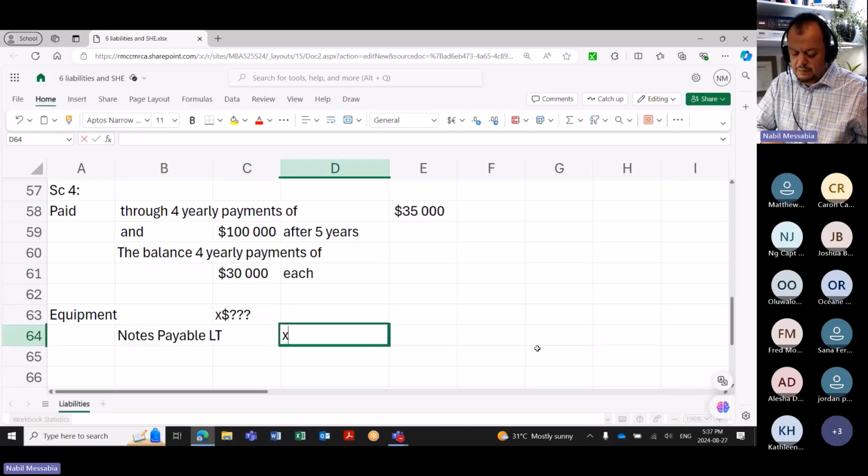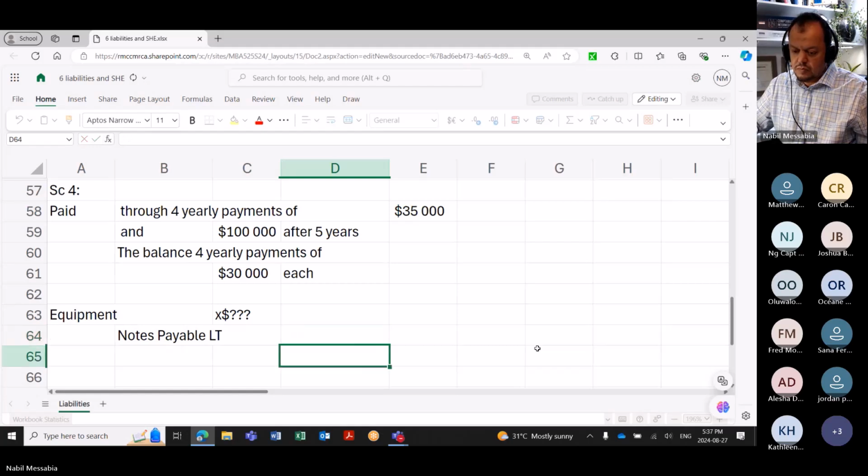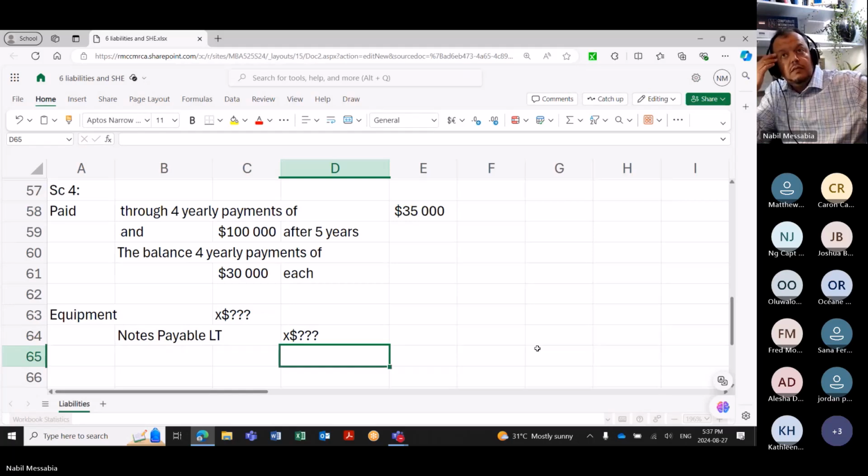What do you suggest? How to make this calculation? So this is what present value calculation is all about. The formula is there. It is how to use it smartly and correctly.